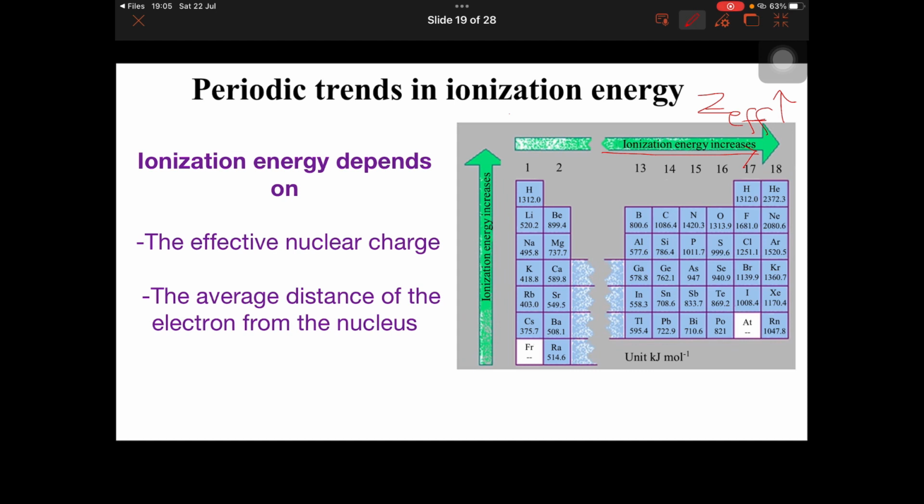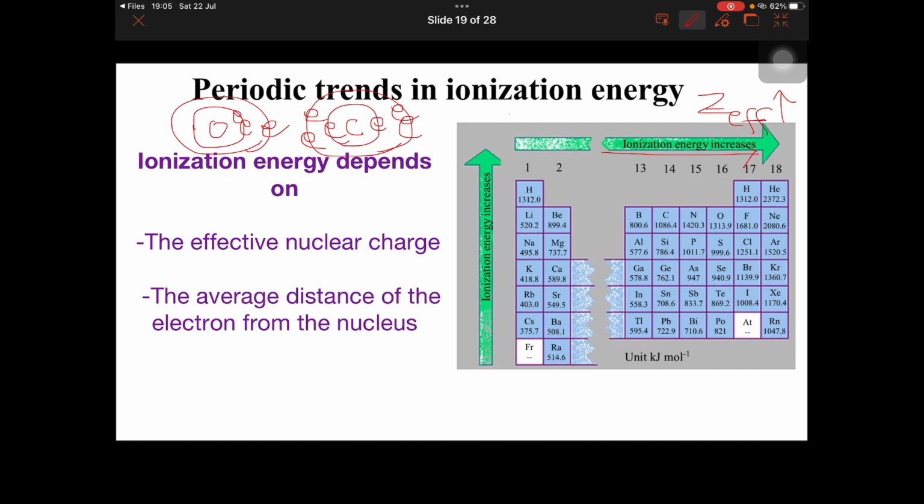Now for example, I'll just indicate the lithium atom itself, and then let's say carbon. Carbon has 2 electrons in the first energy level and 4 electrons in the second, 2s2 and 2p2.